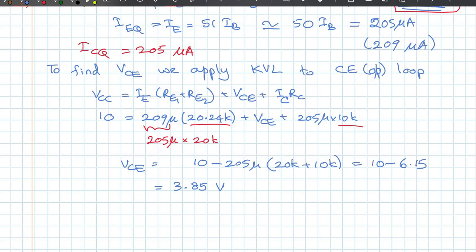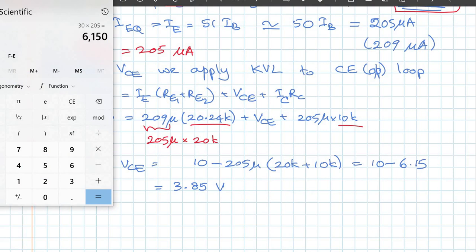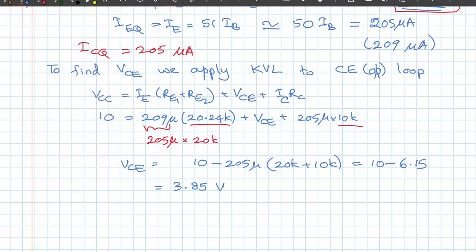Correct? Let's see. 10 minus 6.15 is 3.85. Okay, so that's my VCE, and that's equal to my VCEQ.